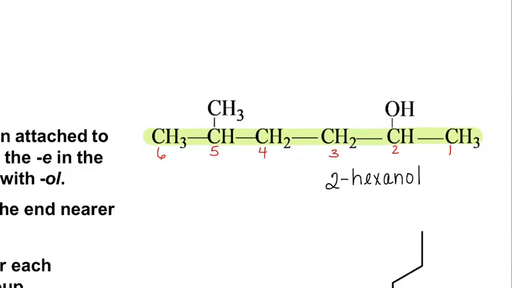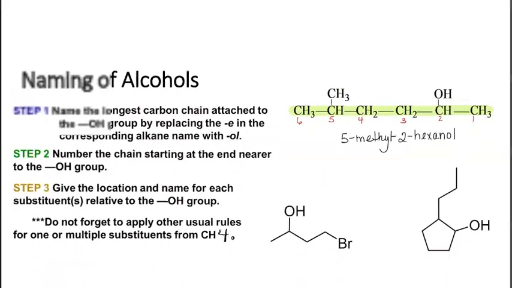So that substituent is sitting on carbon 5. So what will be the prefix that we put before the 2-hexanol? Let's put it in the chat. Great job, you guys. 5-methyl. So as you can see, the name of this molecule is going to be 5-methyl 2-hexanol, okay?